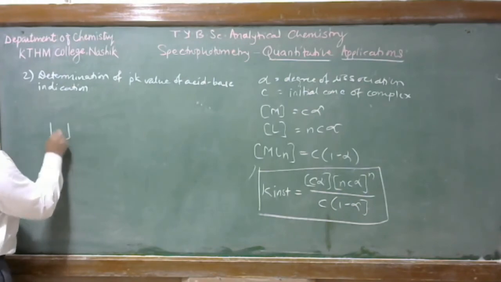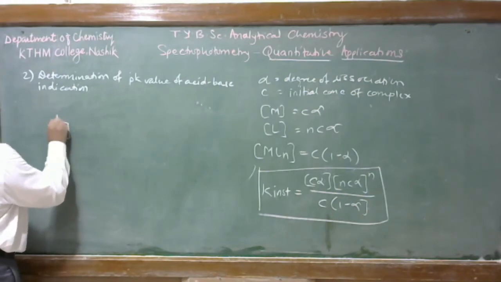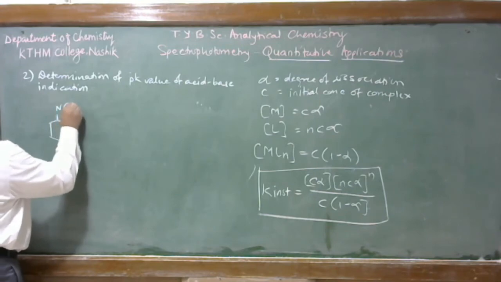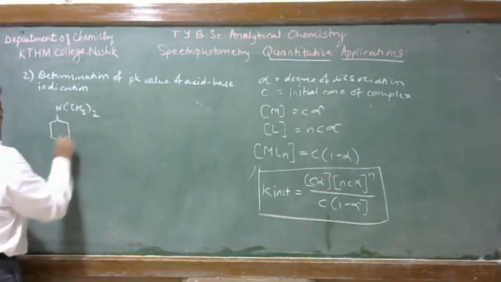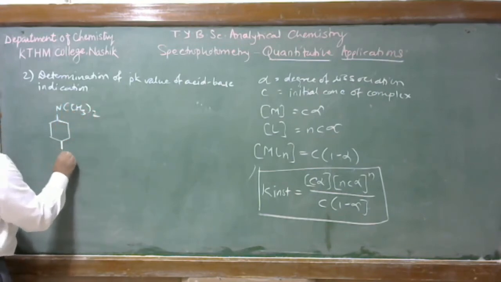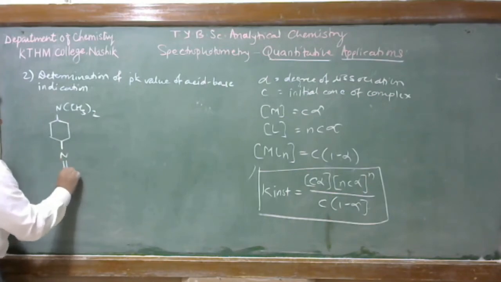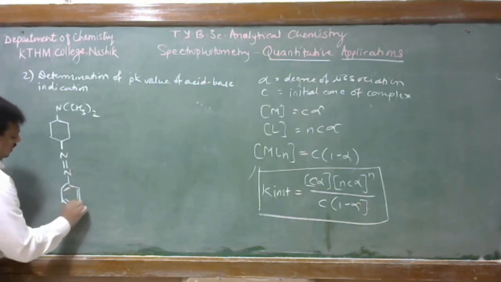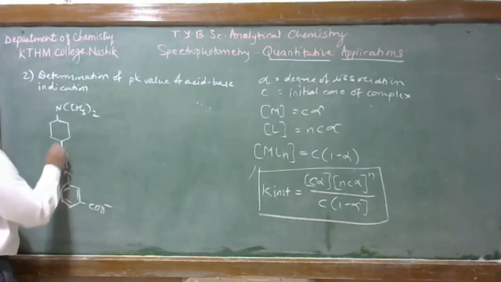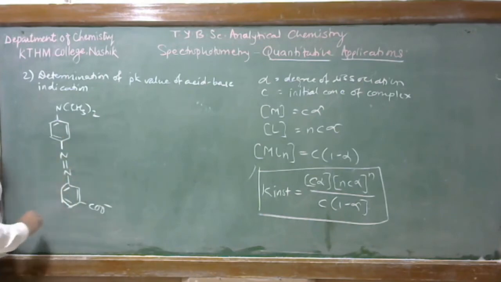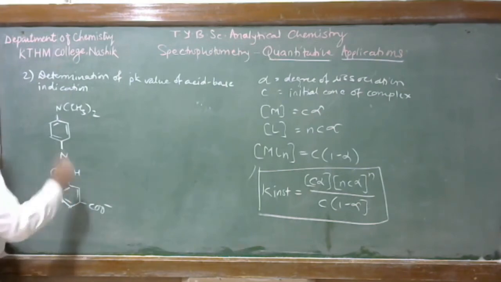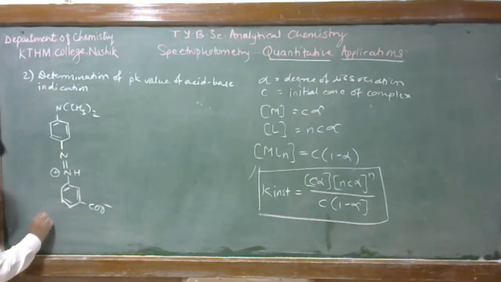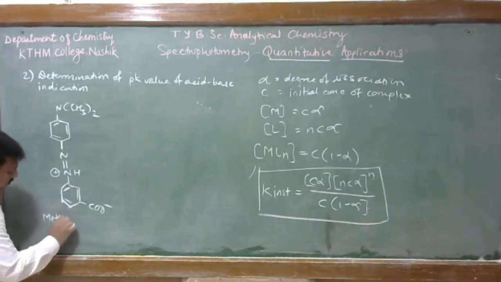Methyl red has N(CH3)2, here N double bond N, a phenyl ring containing a carboxylic group, and another phenyl ring. Here when hydrogen is present at this position, this has a positive charge, this has a negative charge, and this is the structure of methyl red.